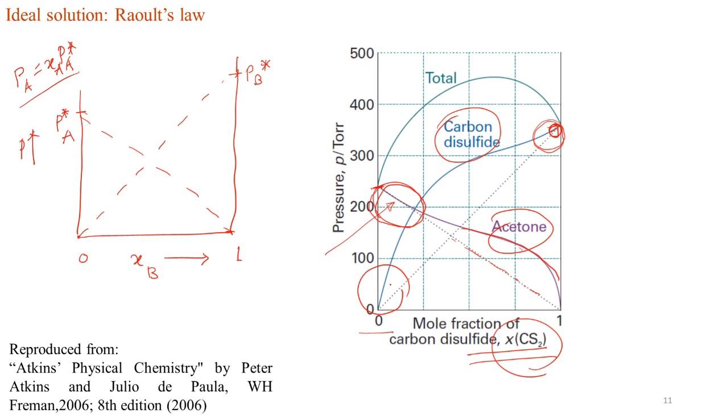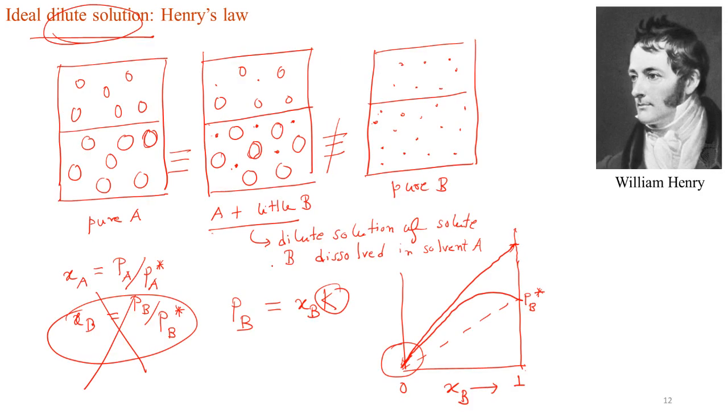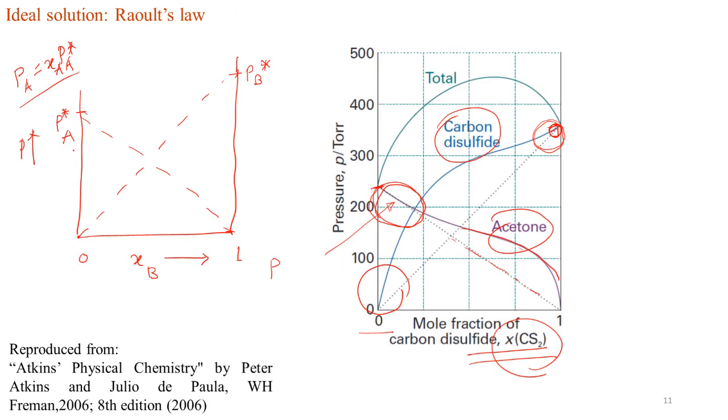So the approximation that PB is proportional to PB star is wrong. However, PA proportional to PA star is still correct, because we can still approximate that in the solution the mole fraction of A is proportional to its vapor pressure in the pure liquid form. So for acetone, it matches very correctly.